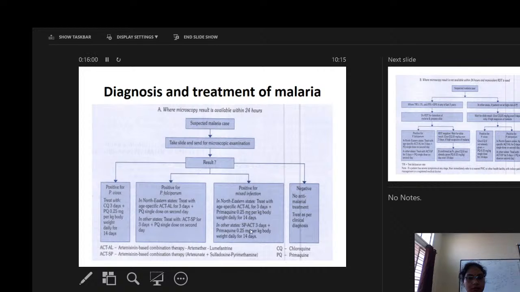Okay. The table is telling something and the theory is telling something, huh? So if it is negative, you will not give any treatment, but you have to treat as per clinical diagnosis. It may be any other diagnosis.